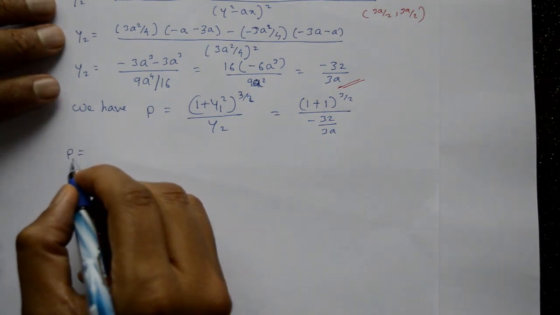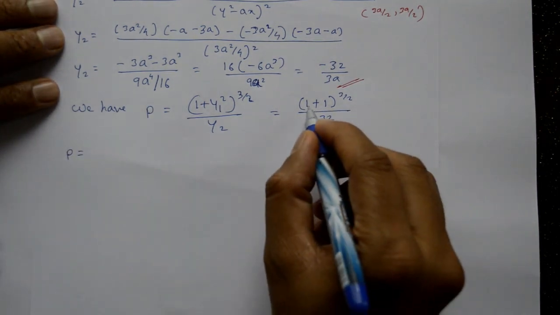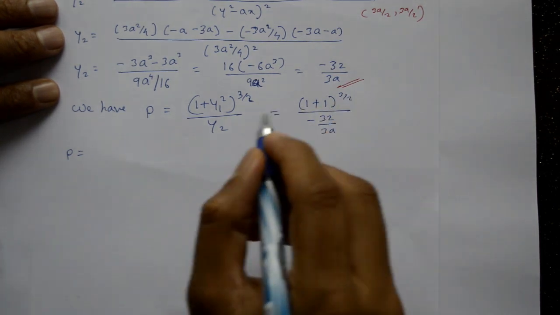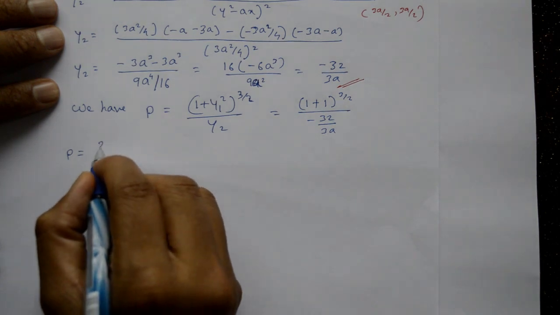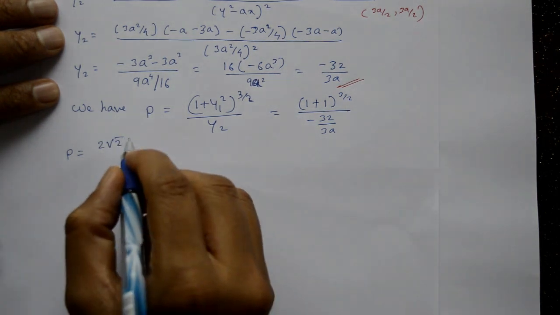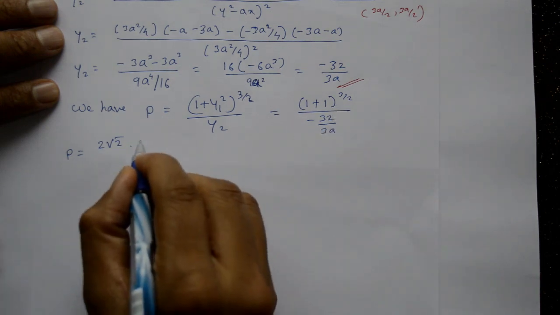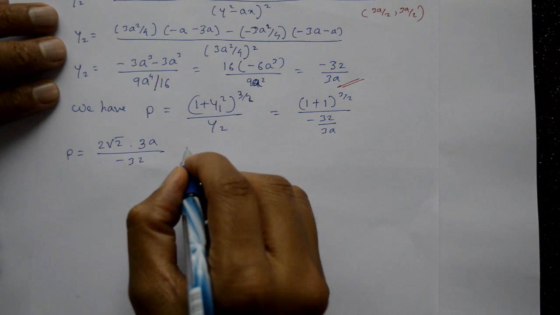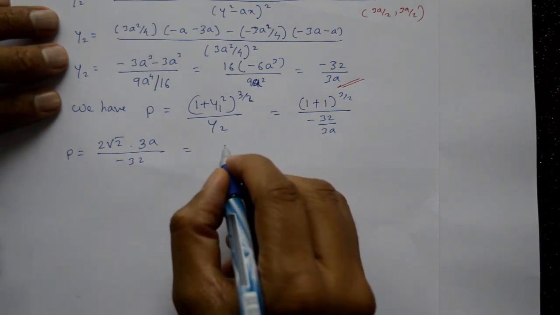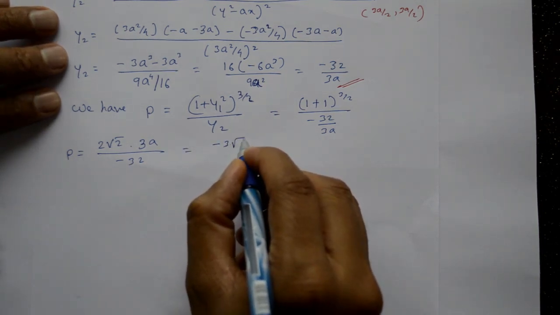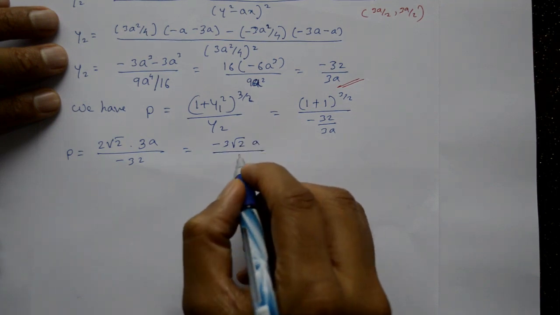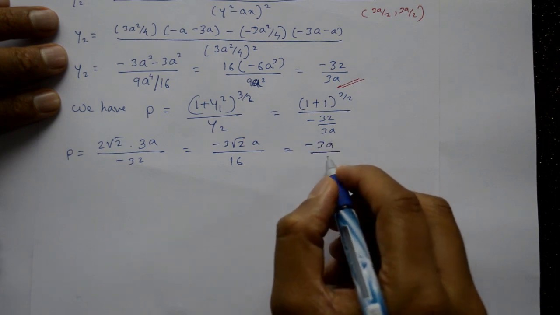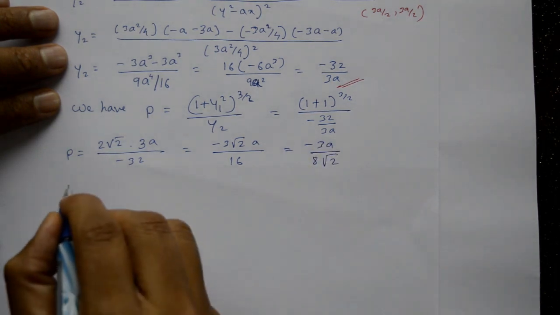And rho is equal to 2 cube, 2 cube to the power 1 by 2 means square root, root 8 means 2 into root 2, into 3a divided by minus 32, and this is equal to minus 3 into root 2 a divided by 16, or minus 3a by 8 into root 2.